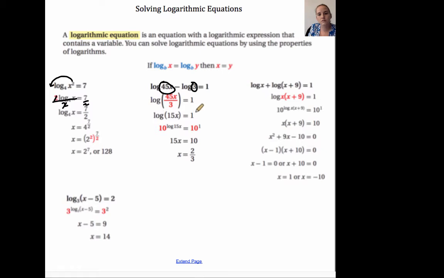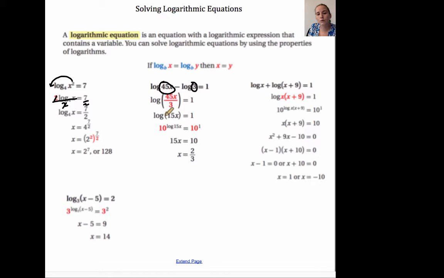Now, this is the step that most students aren't aware of, or it doesn't come naturally. Since we have log of 15x, and we're trying to get this x by itself, I don't have anything that I'm multiplying here by, so I can't divide and get rid of it. I need to get this x out of here, but it's connected right now with this log, and I can't just tear it apart.